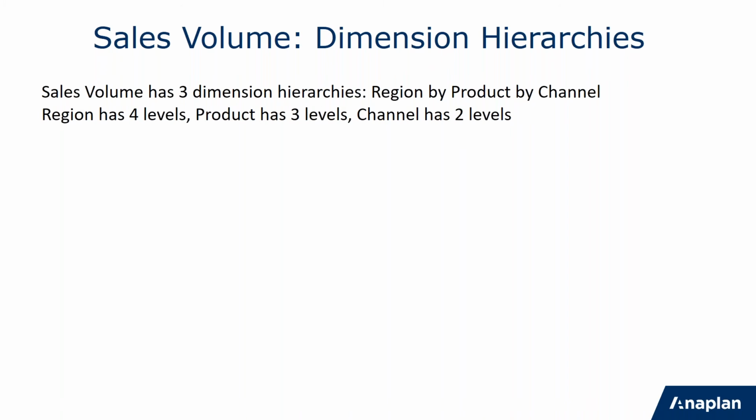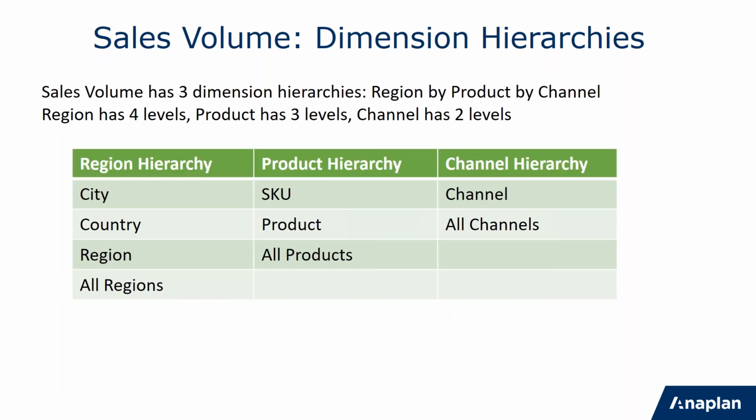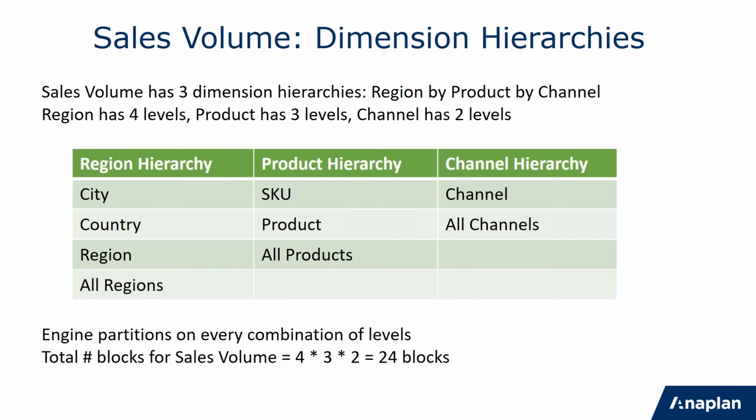But it's not just the list, because each list has a parent hierarchy going up from it. In this case, in the example I've chosen, sales volume might vary by region, product, and channel. And region would have 4 levels, product maybe 3 levels, and channel 2 levels, just like this. And I count the top level item as one of those things.